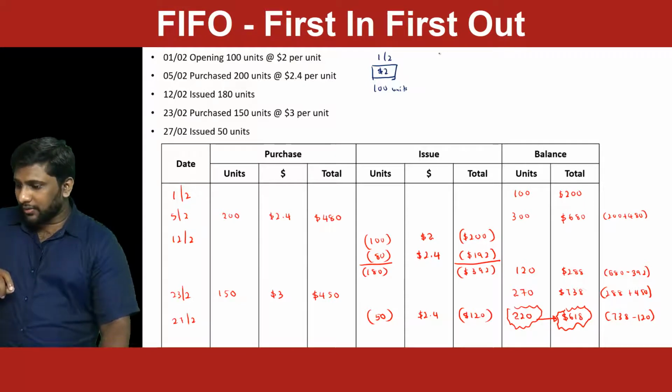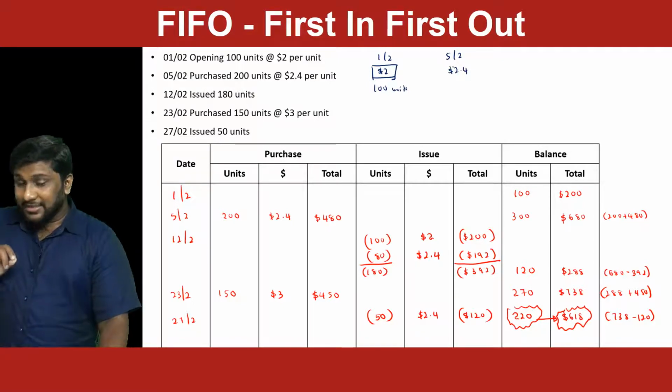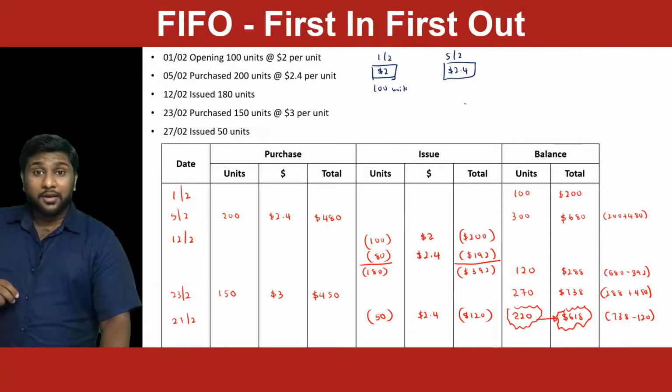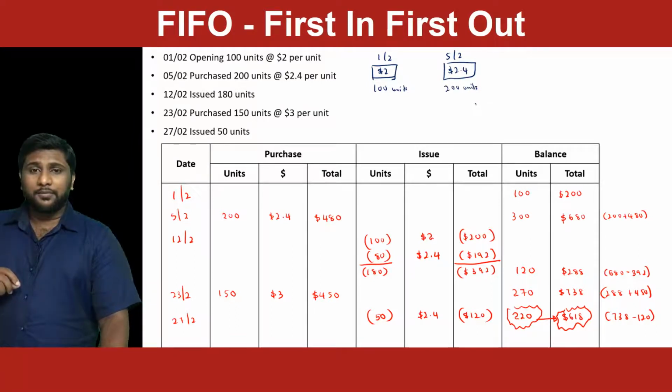On 5th February, you are purchasing 200 units. Each unit has a value of $2.4. So there is another basket which is coming in, $2.4 worth materials basket. In that basket, how many units are there? 200 units are there.